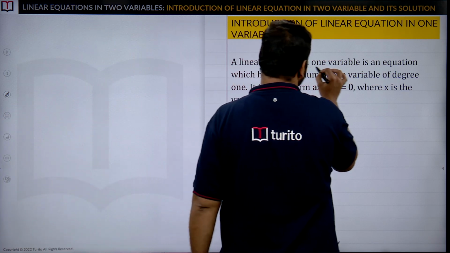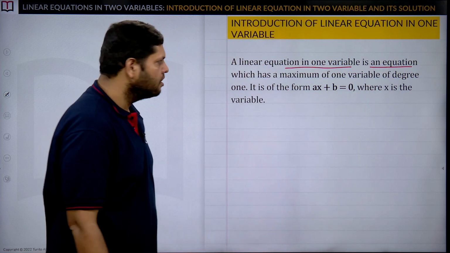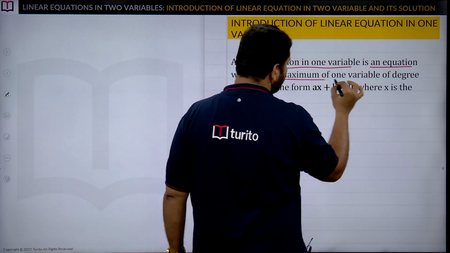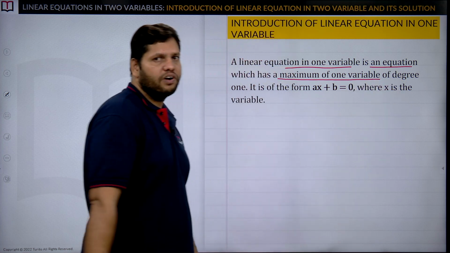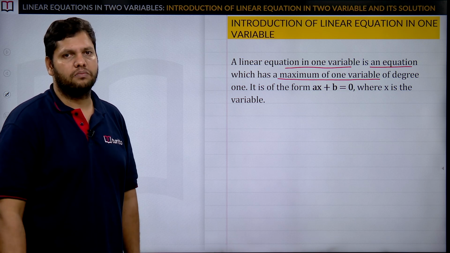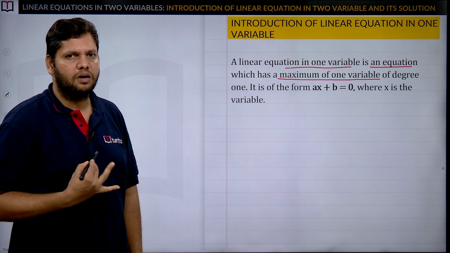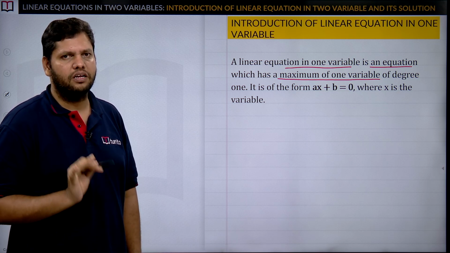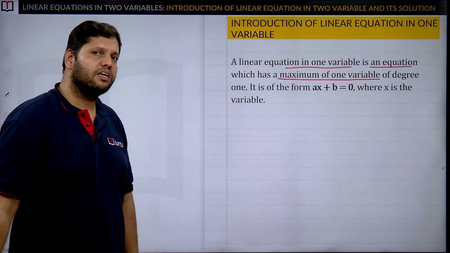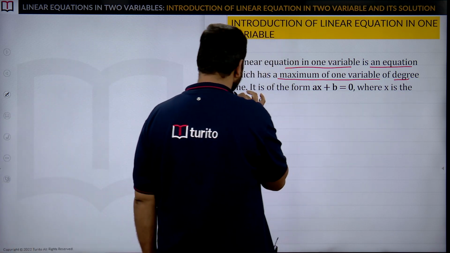A linear equation in one variable is, first of all, an equation. It is an equation which has a maximum of how many variables, children? Only one variable. It cannot have more than one variable. Maximum means the highest one. So it can have a maximum of only one variable, and the degree is 1.